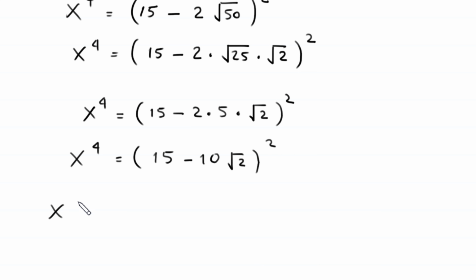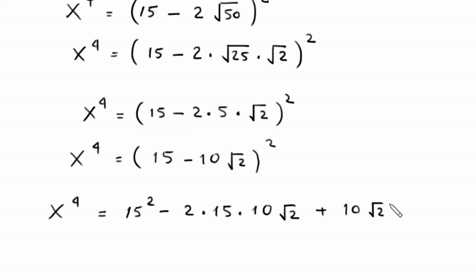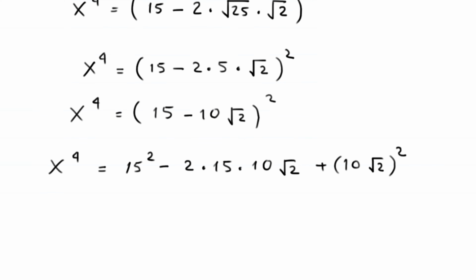Next, x to the power 4 is equal to, expand this 15 minus 10 times root 2 whole squared, this will become 15 squared minus 2 times 15 times 10 times root 2 plus 10 times root 2 whole squared.